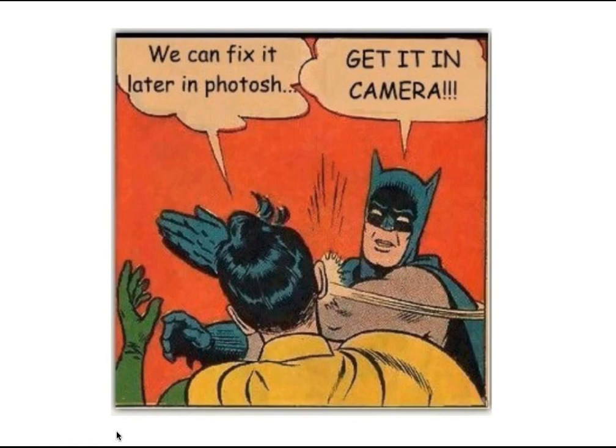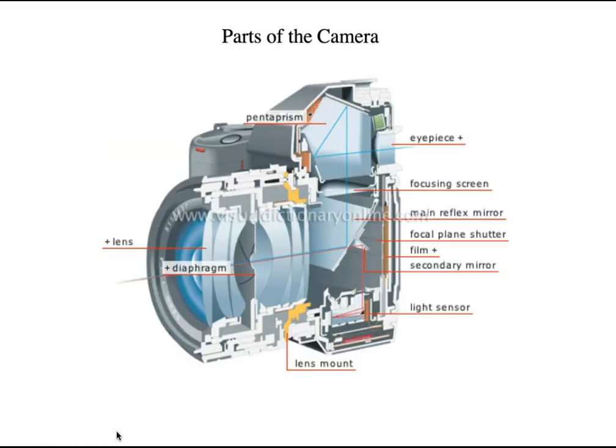Get it in camera. So this is your camera. These are the parts of the camera. This is if we took a camera and cut it in half. This is what it would look like. And this is the same both for our digital cameras and our 35mm film cameras. Light is light. Light works the same. And they're both based on the same idea of the single lens reflex.